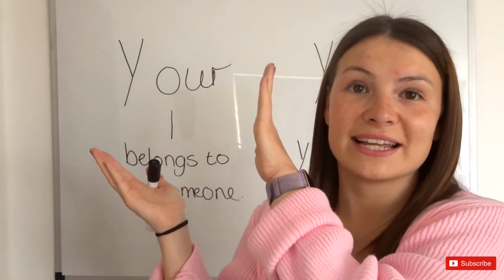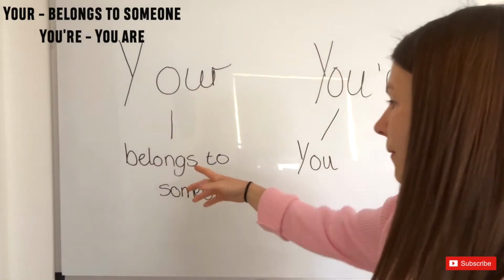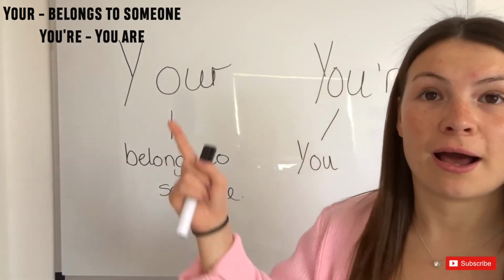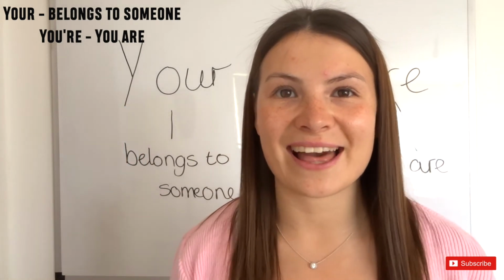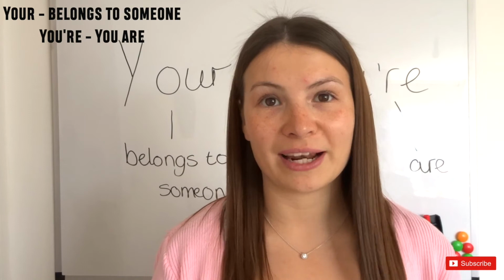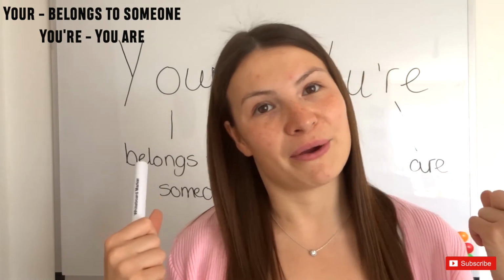So I'm going to put a sentence on the board and it's up to you to pick the correct your. I will insert a little description of what we've put up on the board in the corner for you to have a look at, but I am going to take that away at the end of the video because hopefully you will have learnt the meaning of both of the yours.